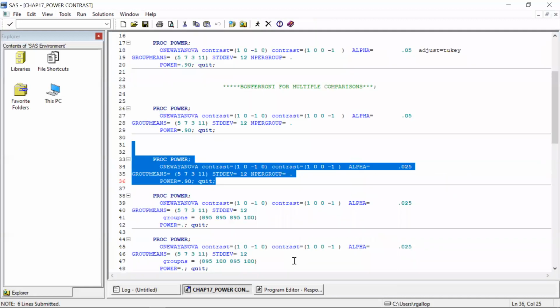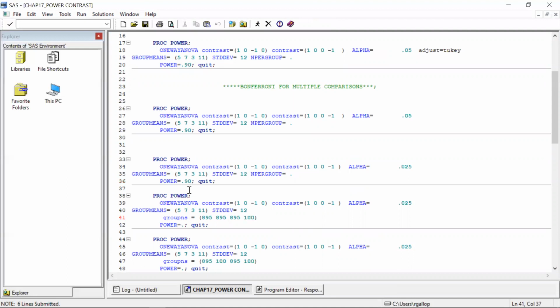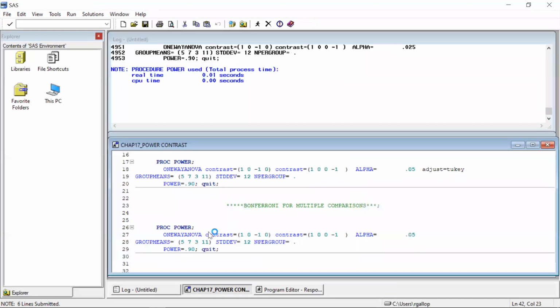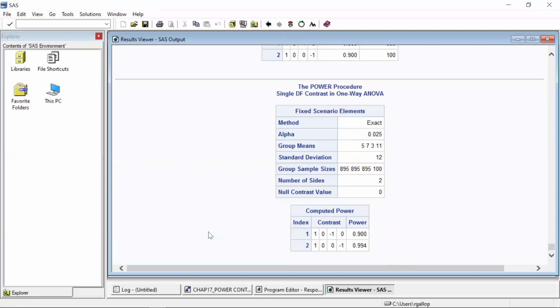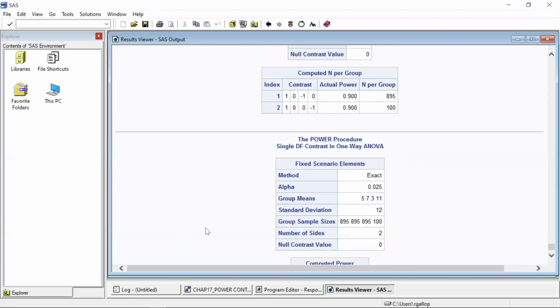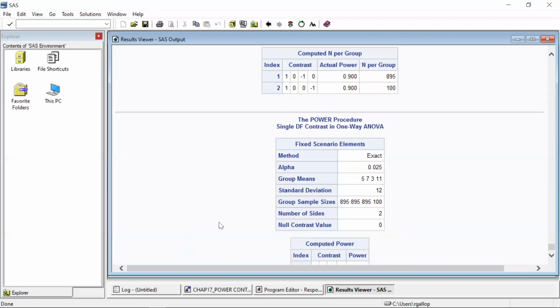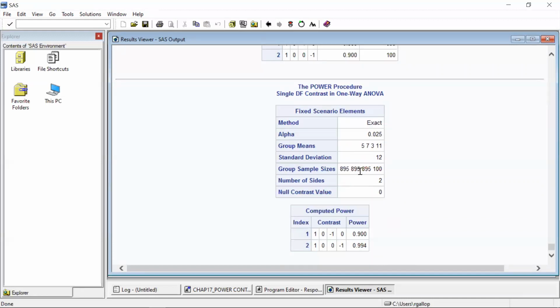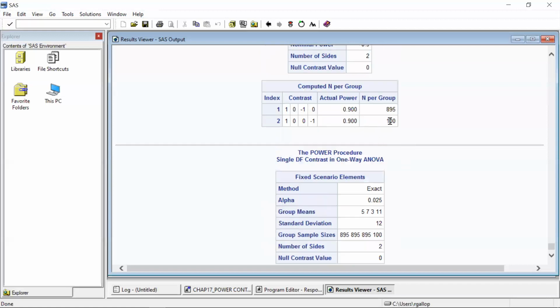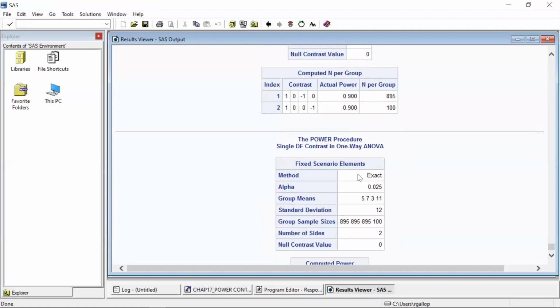So again, with the contrast, I could do that. Now, if you notice, in this case, well, the 4, what if I make this 100? So we could play around with some of the sample size issues to see if we can get around some of the power. So I got 895, 895, 895, 100. This was 100 for the 4 cells for 90% power.